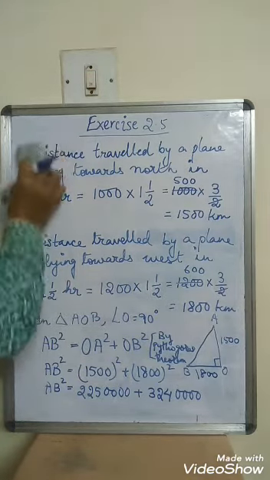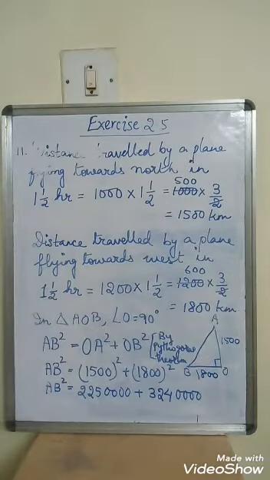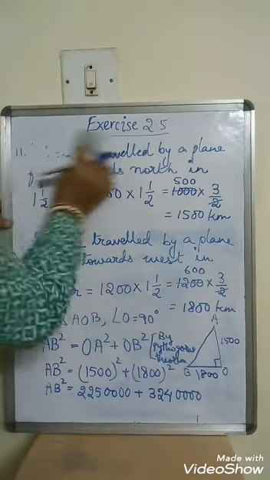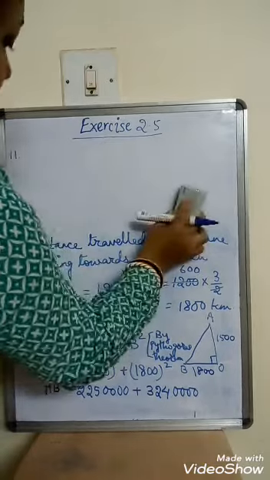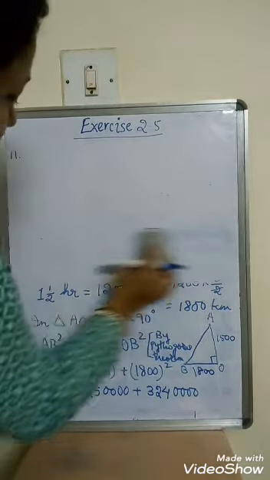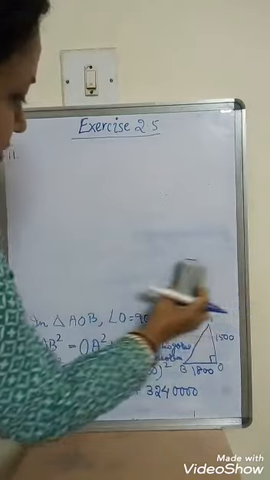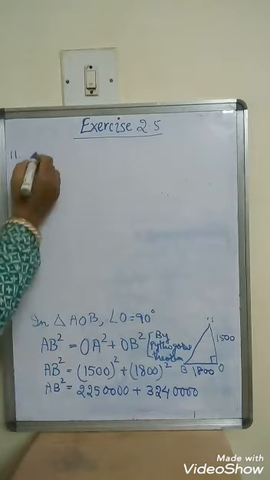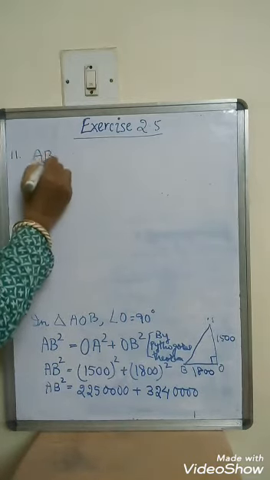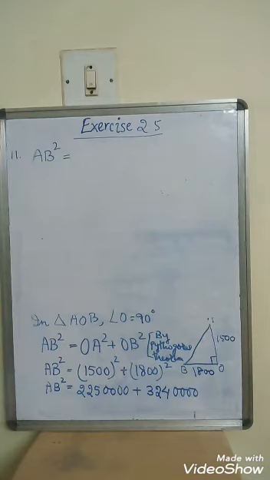So now, what is the next step? The next step is we have to add, right? So AB square is equal to, you have to add both the numbers.